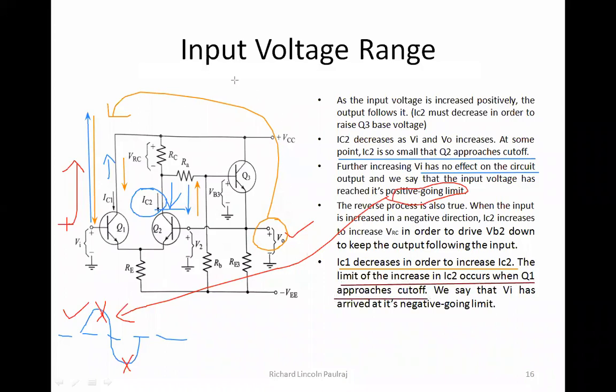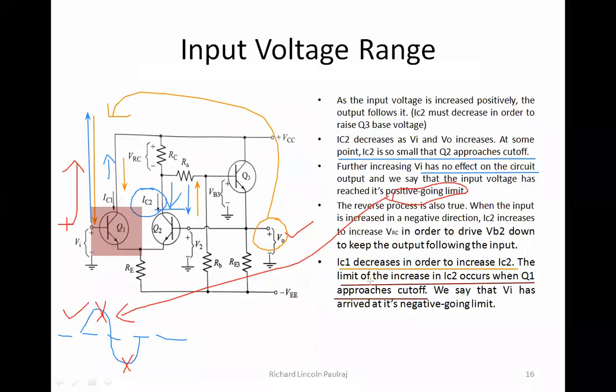So now previously, which was going into cutoff in the previous case? Was it Q1 or Q2? Q2, sir. Exactly. Now Q1 will go into the cutoff region and Q2 will be at its maximum operating point. Okay.